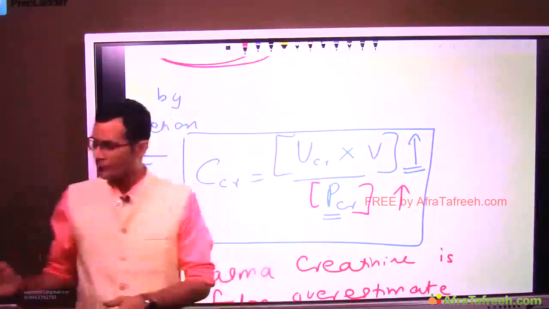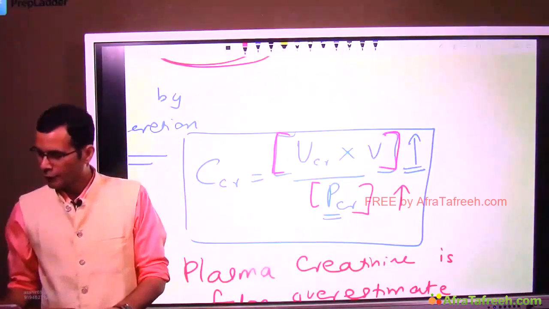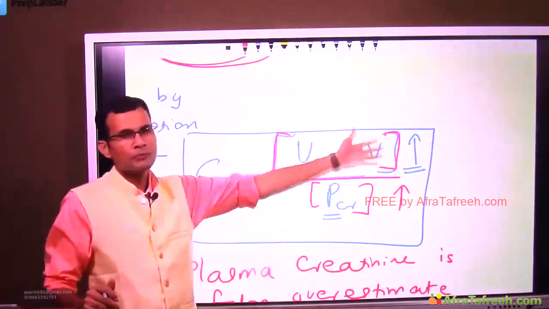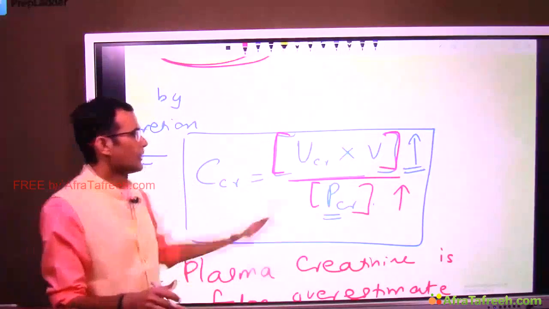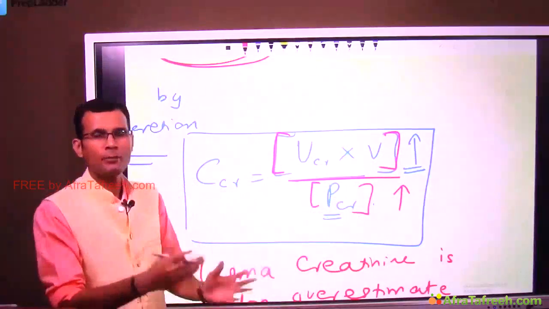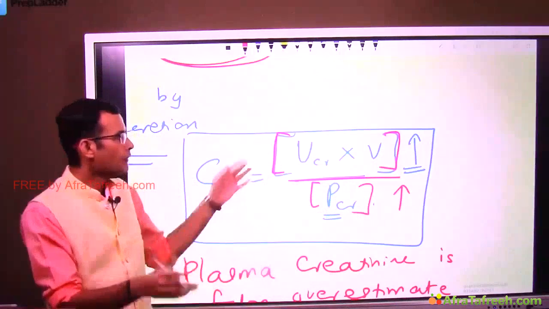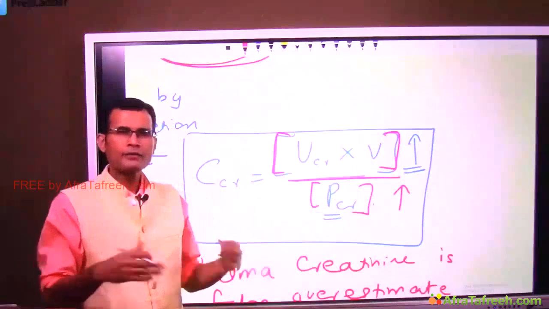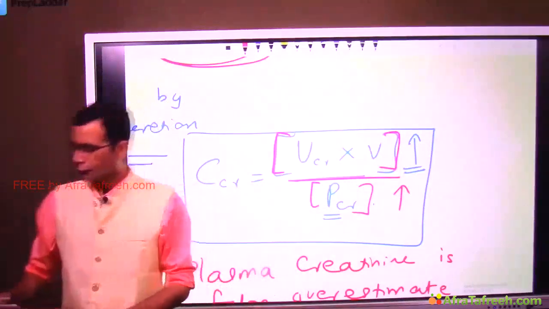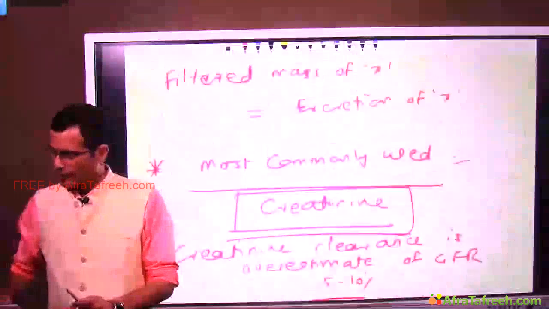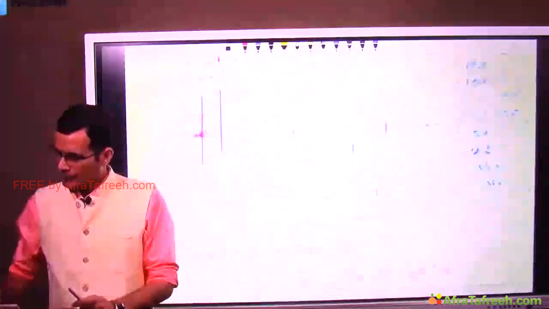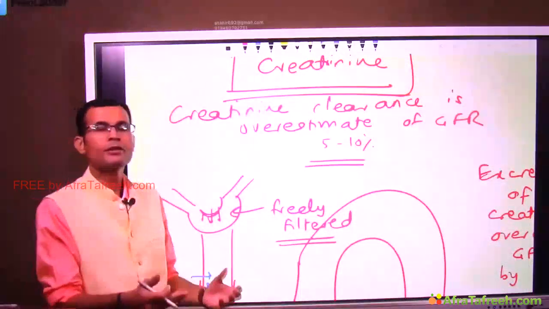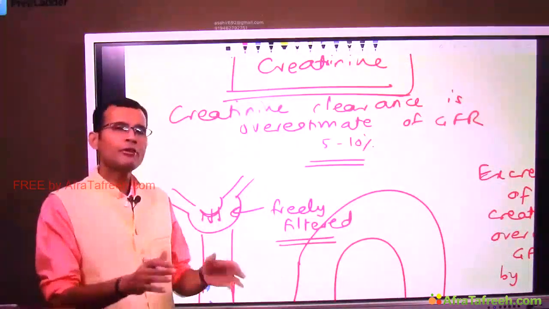So now you can see that in the creatinine clearance equation, the numerator is overestimated by about 15 to 20%, but the denominator also is a false overestimate by about 5 to 10%, and therefore these errors tend to cancel out to some extent. Finally, as I mentioned, the creatinine clearance is an overestimate of the actual GFR by about 5 to 10%.